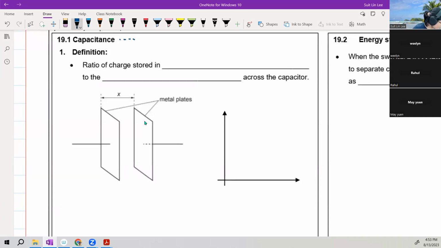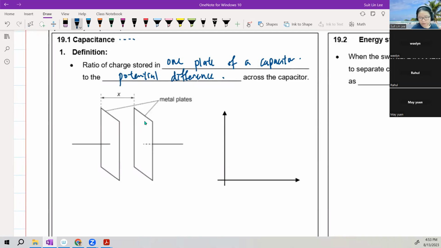Okay. So we define it as the ratio of charge stored on a single plate. So in one plate, or one single plate of a capacitor, to the potential difference across the capacitor.